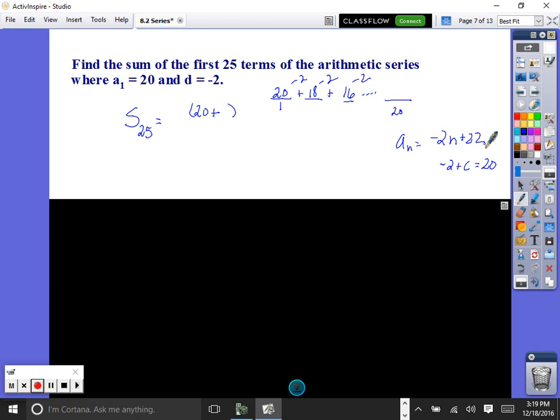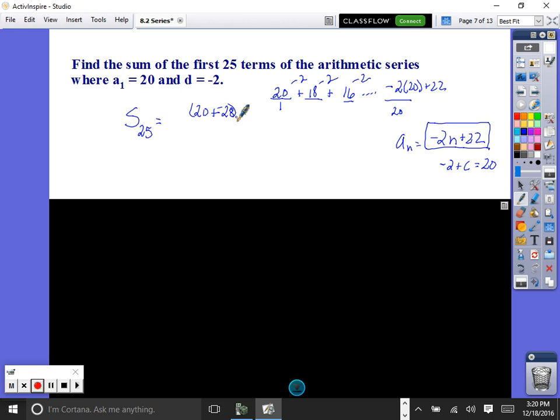Let's see if that works for the second one. Negative 2 times 2 is a negative 4 plus 22 is 18. That's working. So this will generate any term. So I'm generating the 25th one. Negative 2 times 25 plus 22 gives me negative 28. So the first term is 20 and the last term is negative 28.